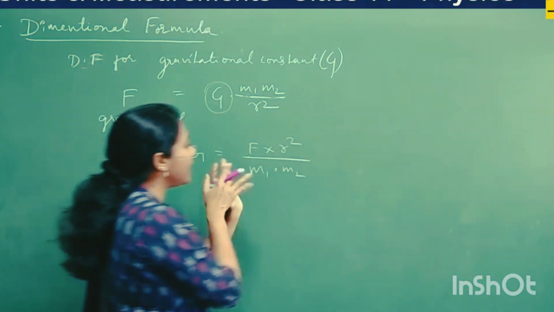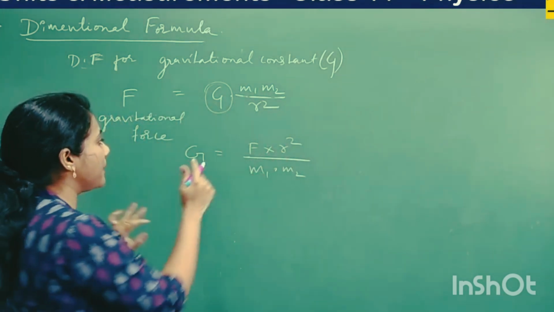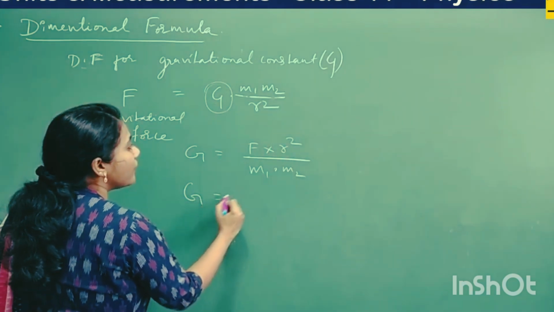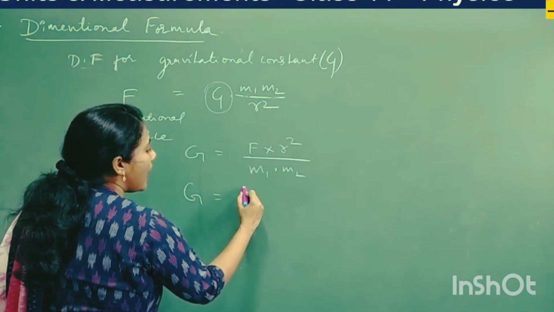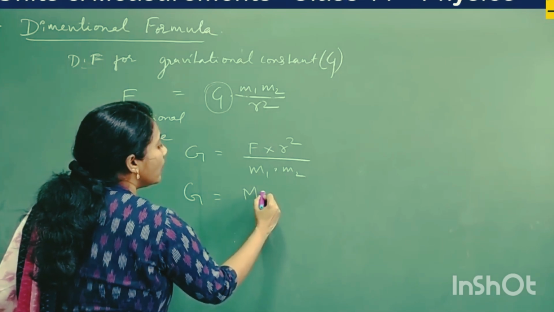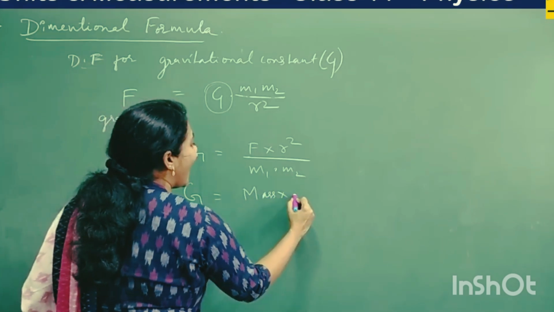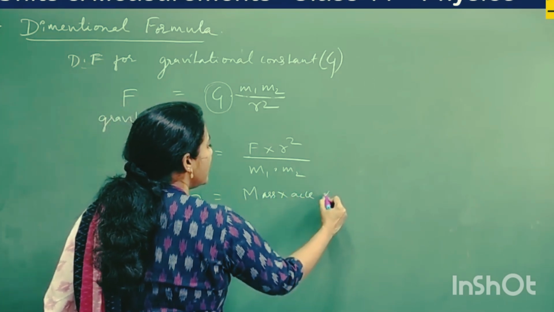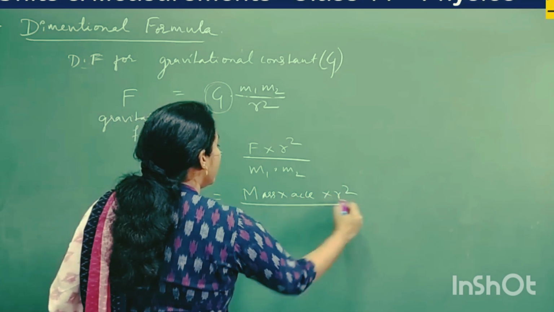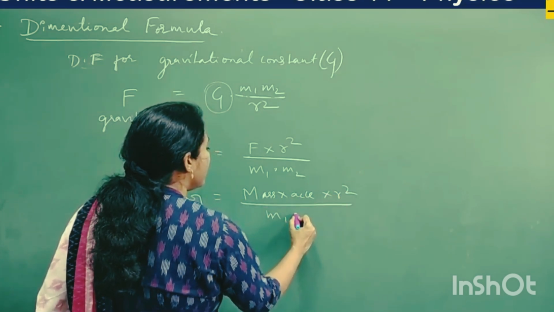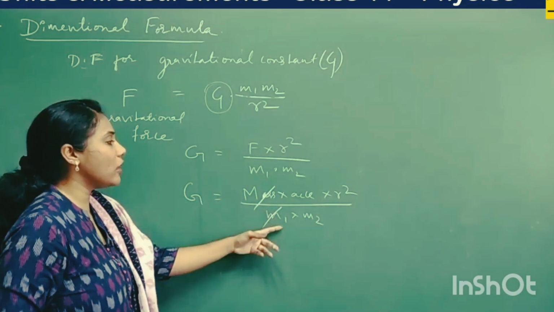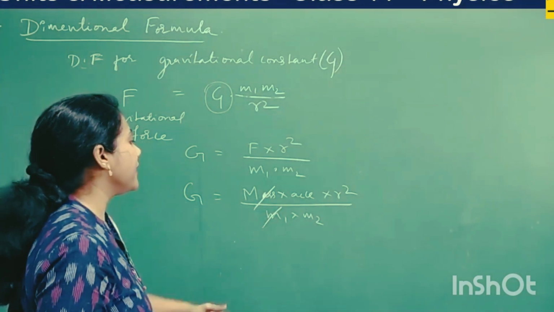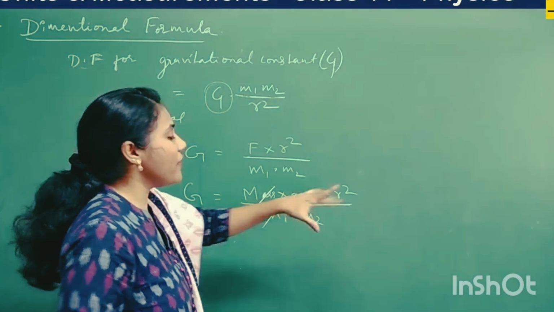I got a formula now. Now I just have to put the dimensions. G is equal to force, and force is again mass into acceleration. So acceleration into r square divided by m1 into m2. One mass in the denominator gets cancelled. So what is the dimension of acceleration?